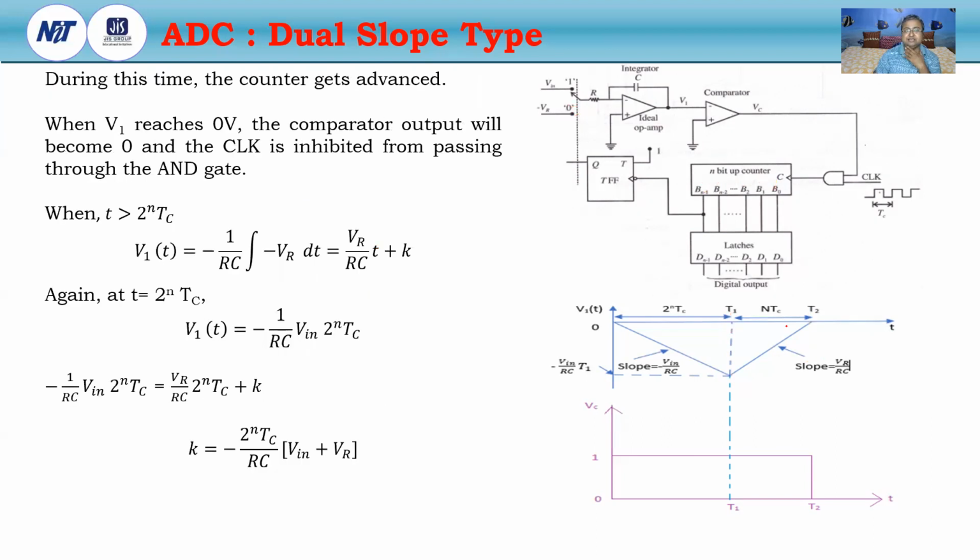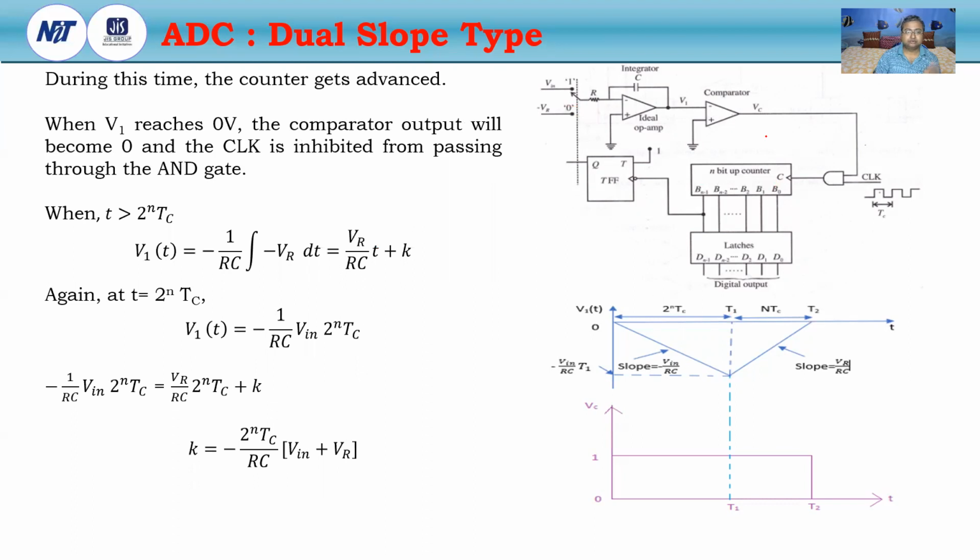During this time, the counter gets advanced. So when V1 reaches 0, the comparator output will become 0.